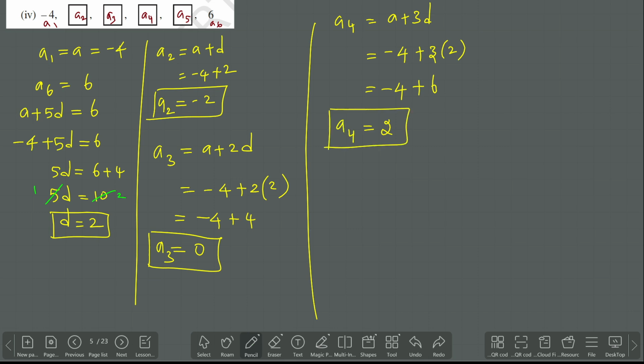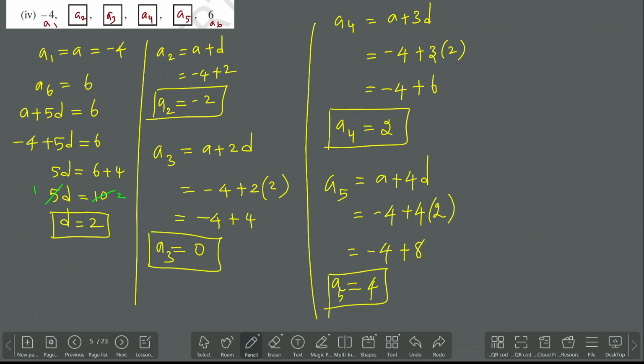Next we are going to A5. So A5 equal to, what does it mean? A plus 4 times D. So A value minus 4 plus 4 times D value 2. So minus 4, 4 twos are 8. When I subtract, plus 4. So A5 is plus 4.